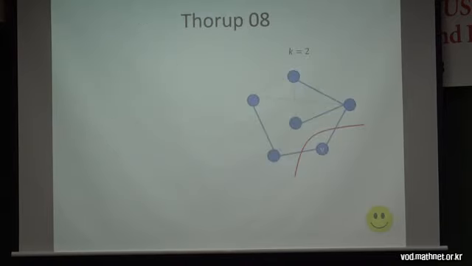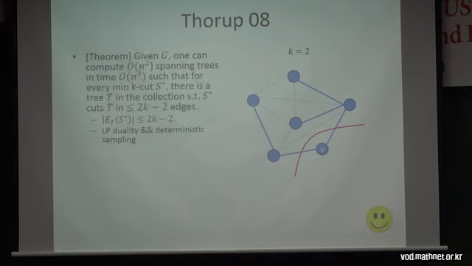Okay. But now I'm going to introduce Thorup's theorem, which is totally different from what Karger-Stein did. The theorem is kind of long, but let me try to read it.